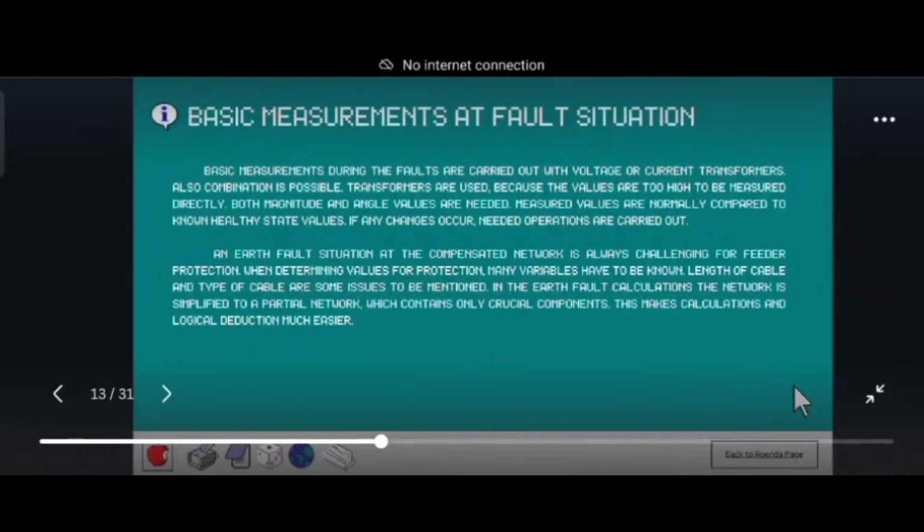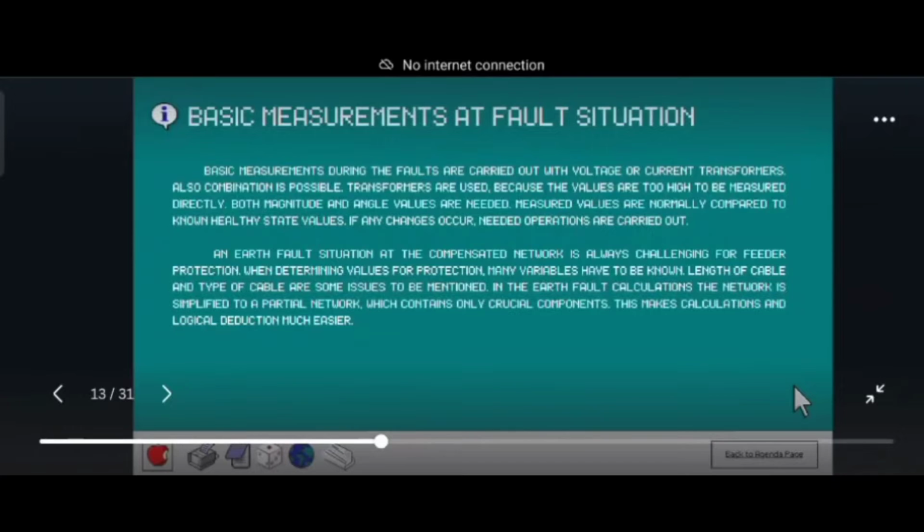An earth fault situation in the compensated network is always challenging for feeder protection. When determining values for protection, many variables have to be known: length of cable and types of cable are some issues to be mentioned.